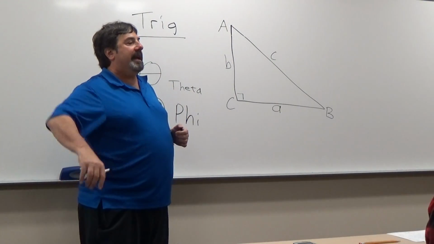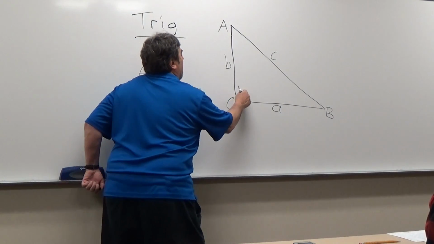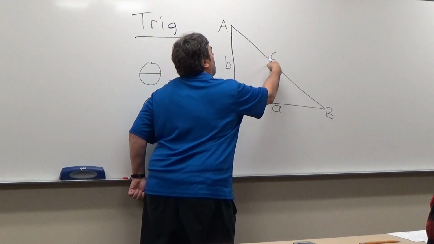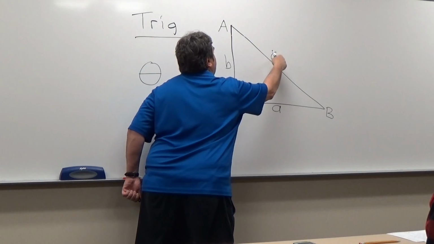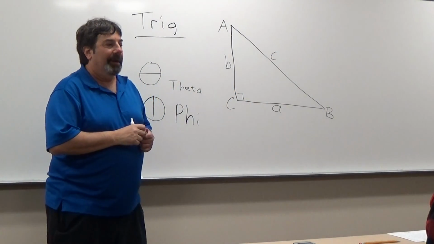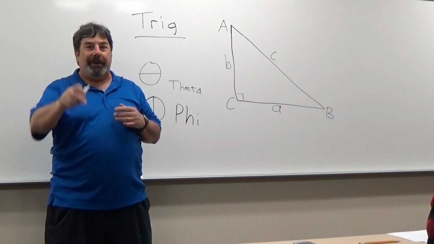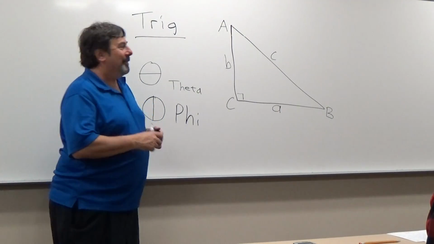Now we have a special name for the side that is directly opposite the right angle, the lowercase c. Do you know what it is? James, do you know this? The hypotenuse. Very good.